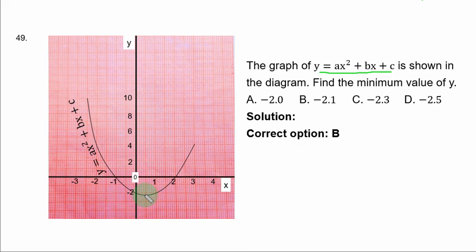So the scale is 2 centimeters to 2 units, which implies 1 centimeter to 1 unit. If that is true, it means that on the y-axis, one line is 0.1.